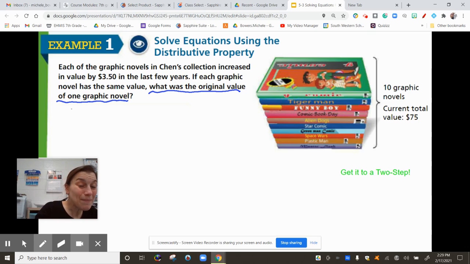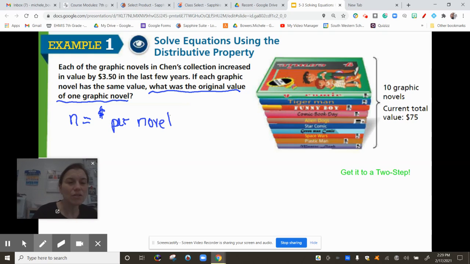So I'm going to make that N for a novel. And then N is my variable, and that is the amount of money per novel, or really comic book, right? So dollars per novel. And that's the original amount, not the current amount, but the original amount.